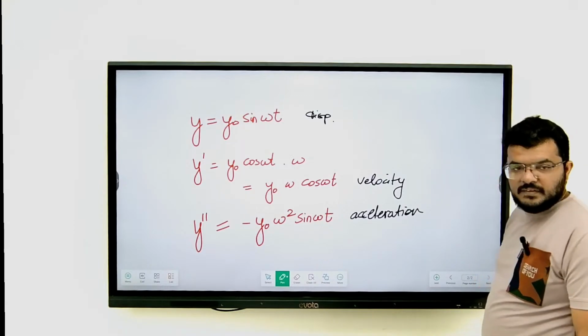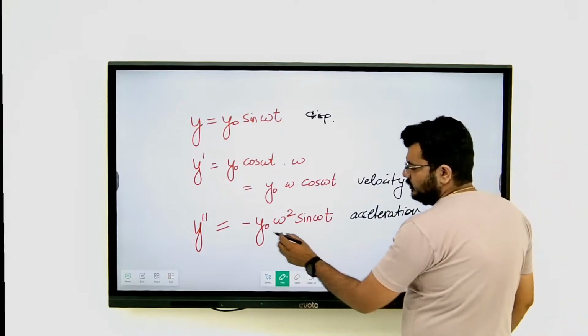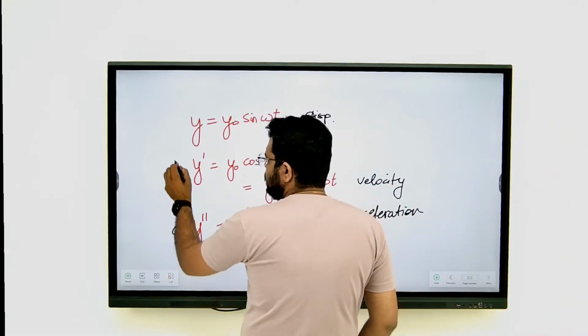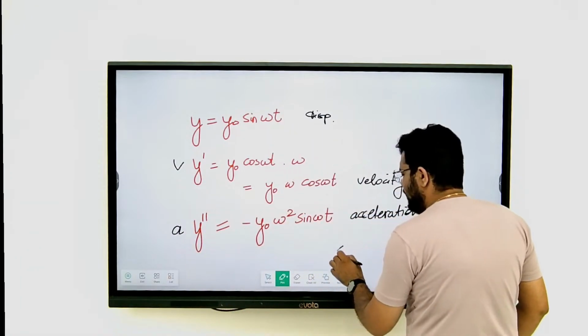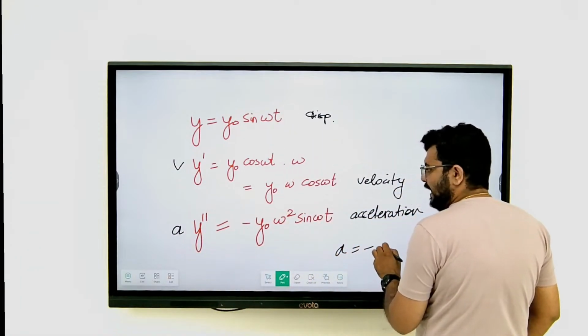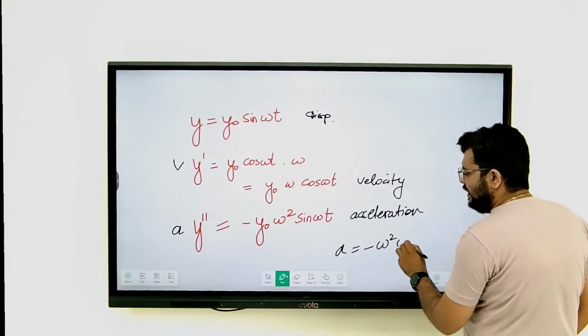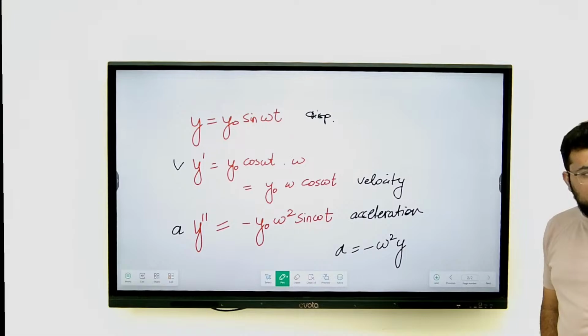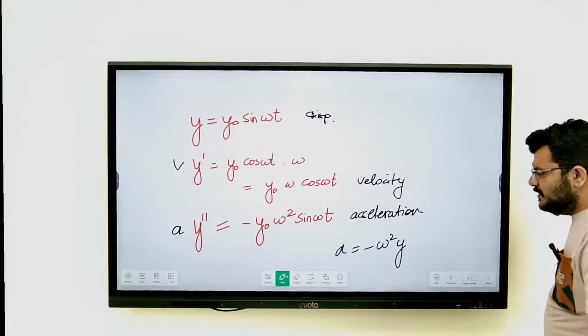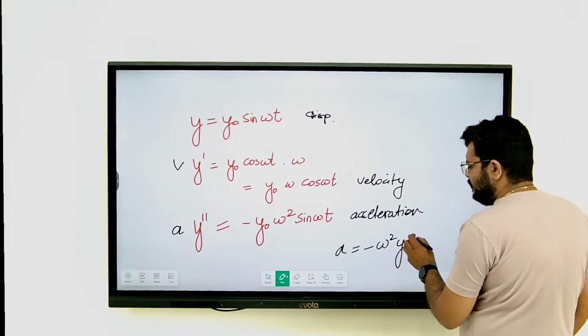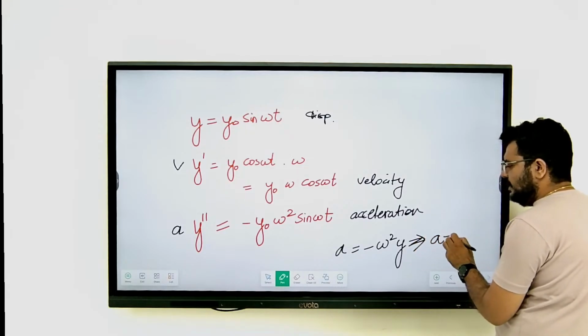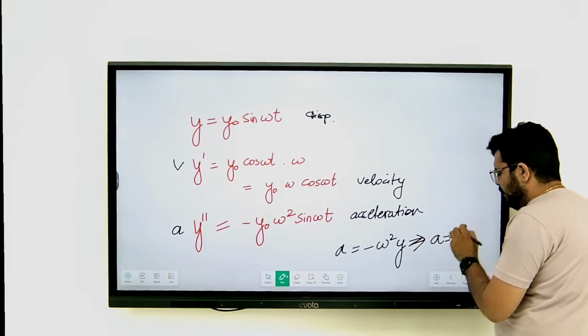Right? Now, can I also write down, see, this is nothing but acceleration, this is velocity. So can I write acceleration is equal to minus of omega square into y? In our textbook, they have said that y is nothing but displacement. So textbook says that a is equal to minus omega square x.